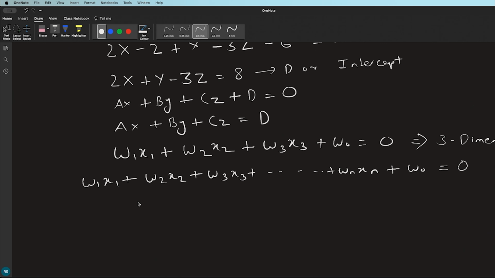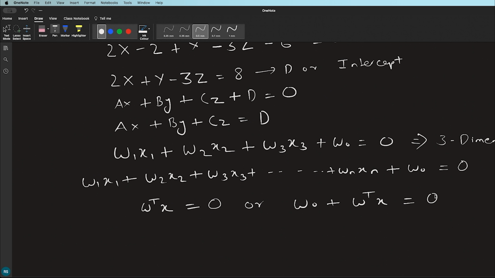I can further simplify this equation as w transpose x equal to 0, or w naught plus w transpose x equal to 0.